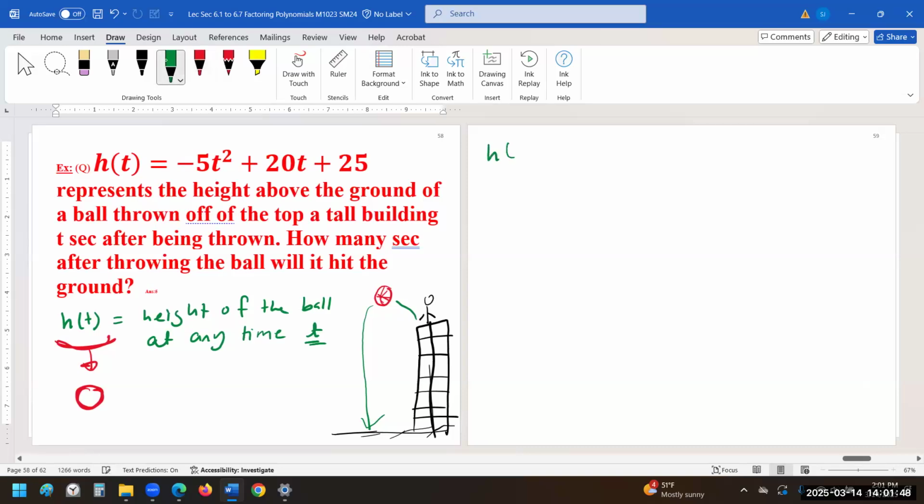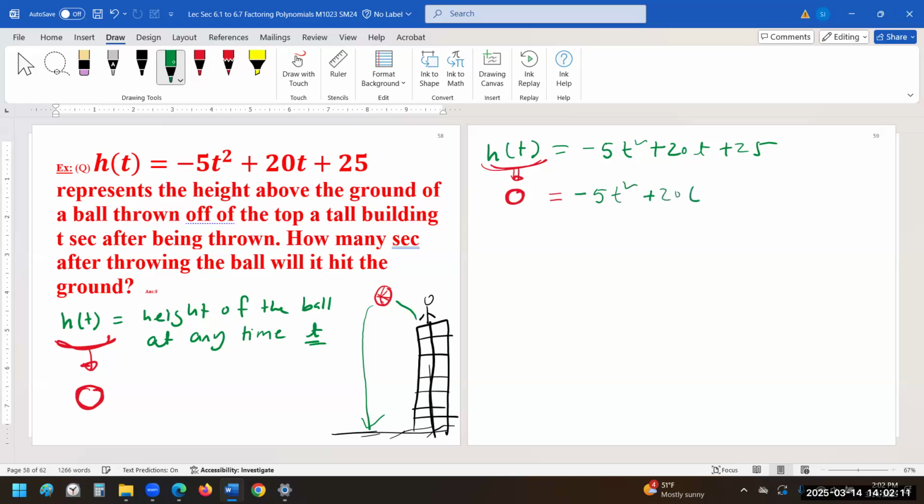They say h of t is -5t squared plus 20t plus 25, and indirectly they are telling us that this height is 0. Find out at what time that height is 0. That's how we come up with the equation. They gave us the equation in terms of h of t. We replace that h of t, which is the height, by 0.